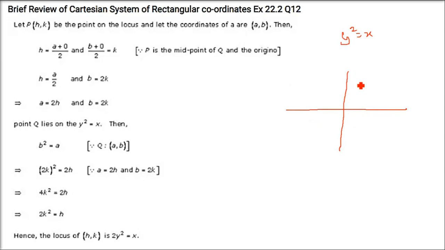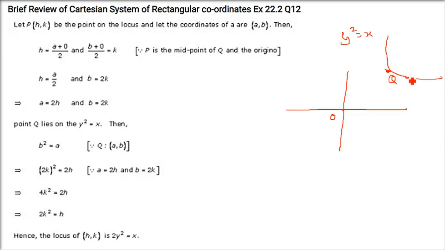So let us make it first. We have a curve. It can be any curve, parabola, hyperbola, or whichever curve this is. And the origin also is given, and we have to be sure that this point we are talking about, Q, lies on this curve, which has an equation y square equals x.